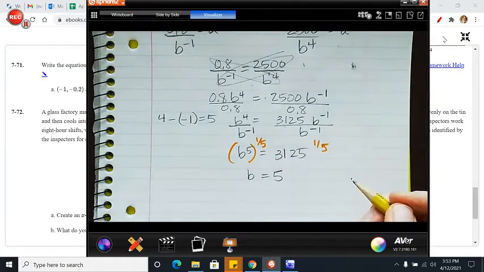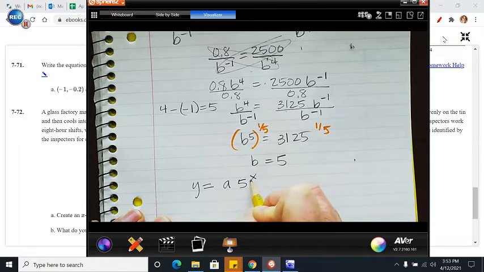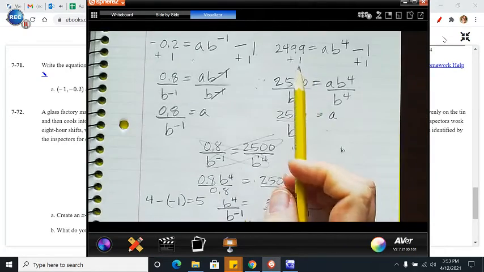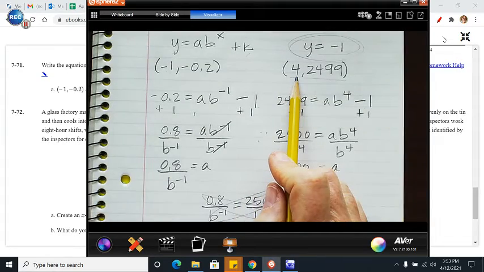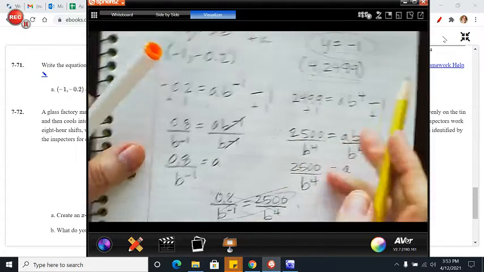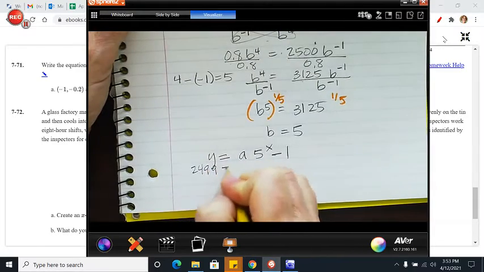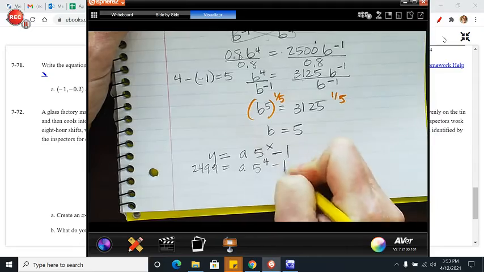So then our equation is y equals a times 5 to the x minus 1. And I'm just going to plug in another one of these points that was given and solve for a. So let's say I plug in this one, 2499 equals a times 5 to the 4th minus 1.